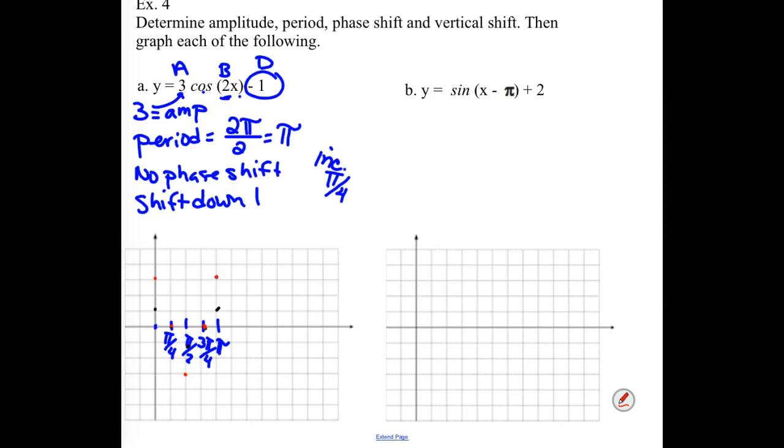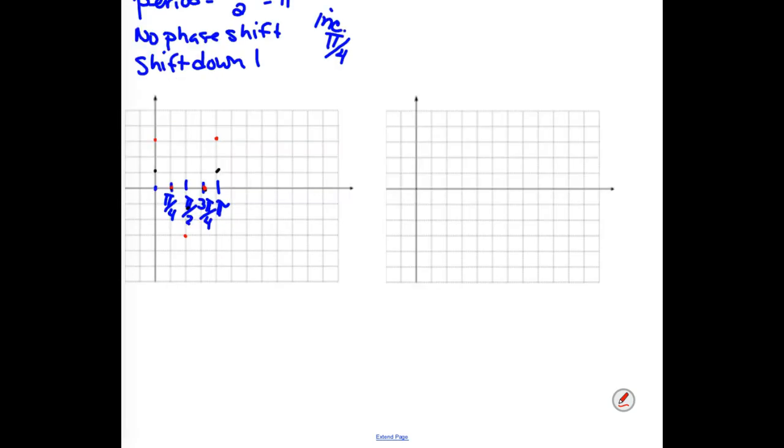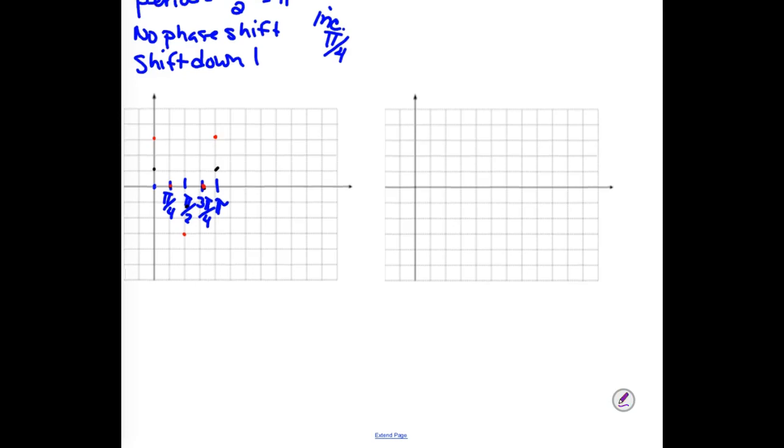And now we're going to move everything down 1. So our final graph, our points would be here, everything moving down 1. So our graph would look like this. So we're kind of oscillating around that -1 line, y equals -1.